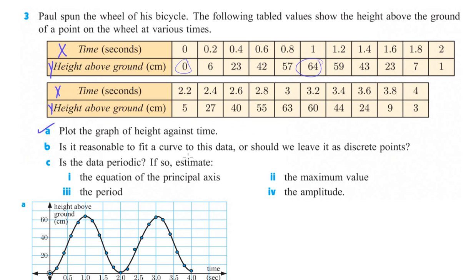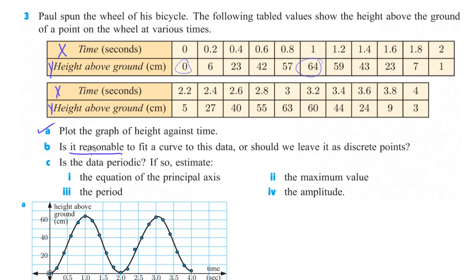Is it reasonable to fit a curve to this data, or should we leave it as discrete points? So in other words, does it make sense that we should be able to connect these dots together with this graph? Like really, if we were to put in 0.5, that point is going to be somewhere in between, pretty much right on that line. So yes, it would be reasonable.